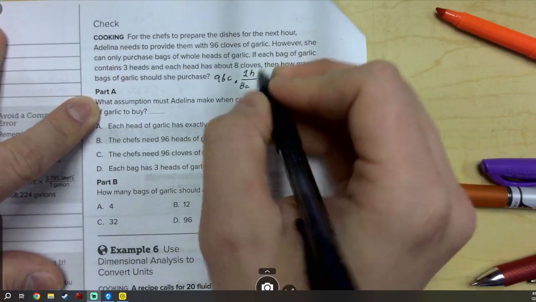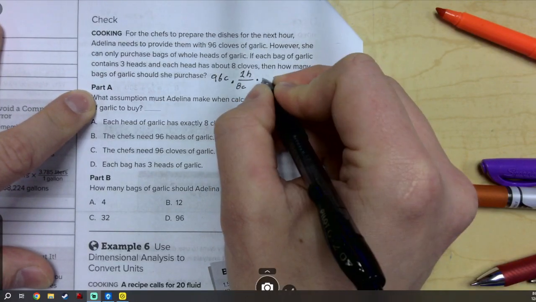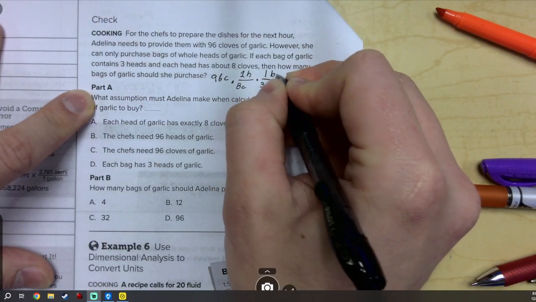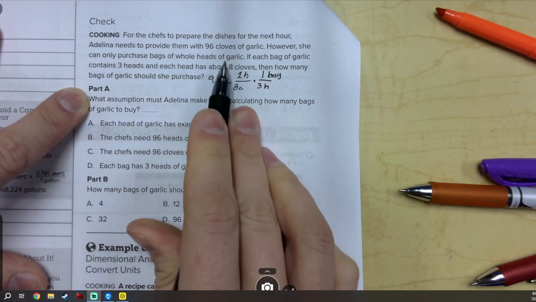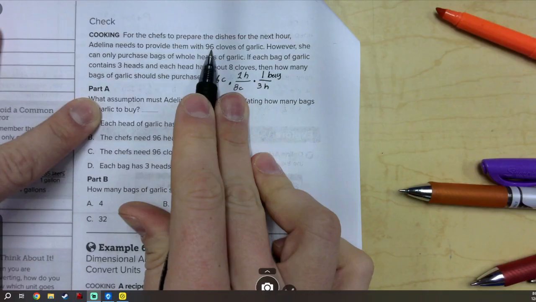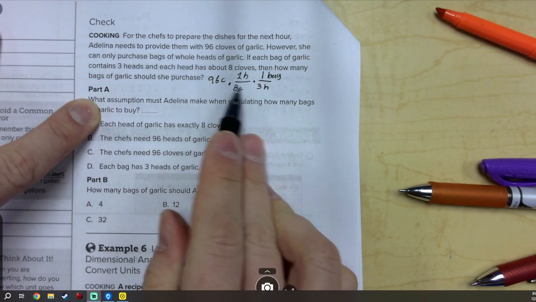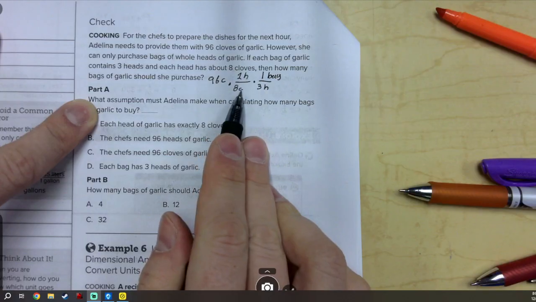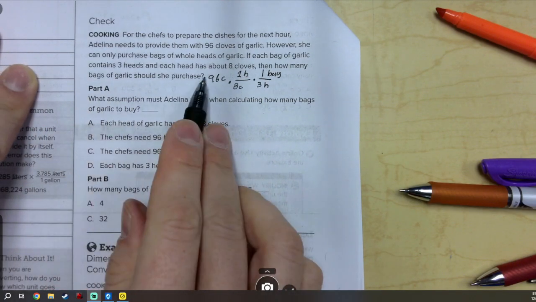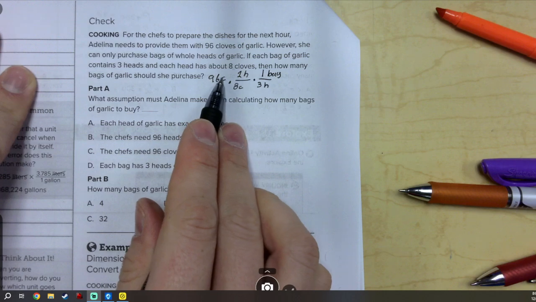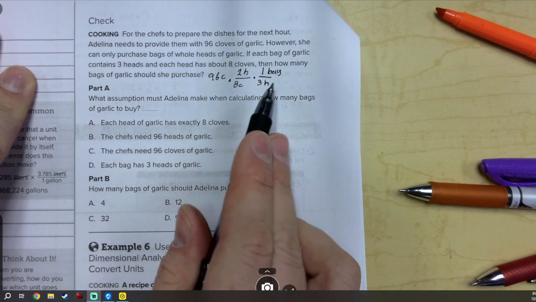And each bag contains 3 heads, 3 heads to 1 bag. So what I did is I started with what we're looking for, and I set it up to cancel cloves. So if cloves are right here, I need them to be on the bottom, and that sets up my fraction. So we see cancel, so it'll be 96 divided by 8 divided by 3.